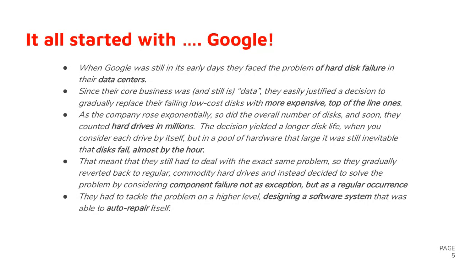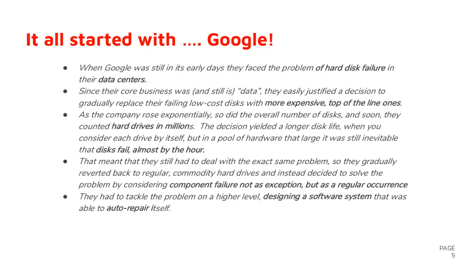But if you have millions of disks, even with a longer disk life, in that pool of hardware it was inevitable that a disk would fail again, almost by the hour, because even if a hard disk has a chance of 1 in a million of failing on a certain day, if you have millions of disks, you can expect one to fail every hour.